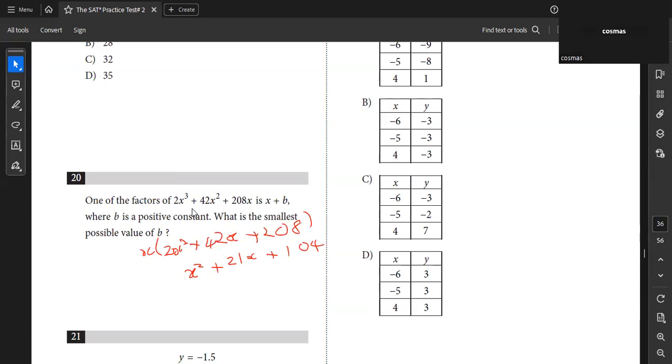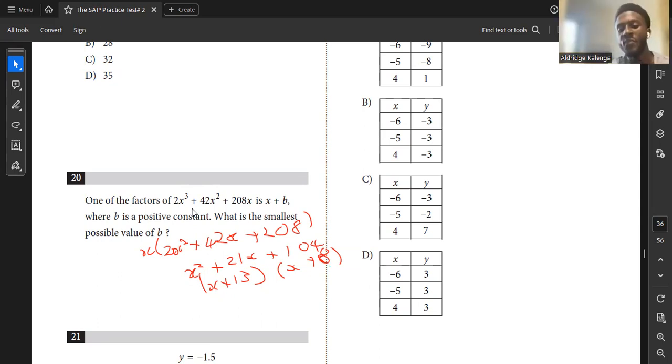So I had to solve it. I found -13 and -8. If you arrange them as x plus b, it gives you x plus 13, x plus 8. And the smallest one is 8.